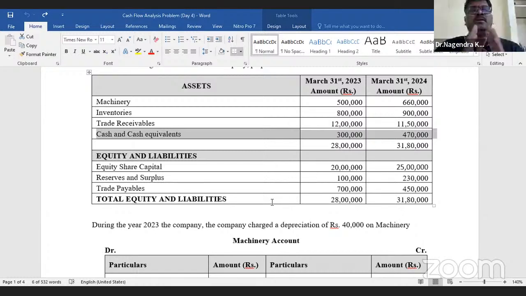We are not focusing on the current assets and current liabilities position. Those changes are also straight away taken into the calculation of the cash flow statement. We are not making any specific understanding about the working capital. The changes in the working capital will also be straight away taken to the profit and loss account. Sorry, we will take it into the cash flow statement.